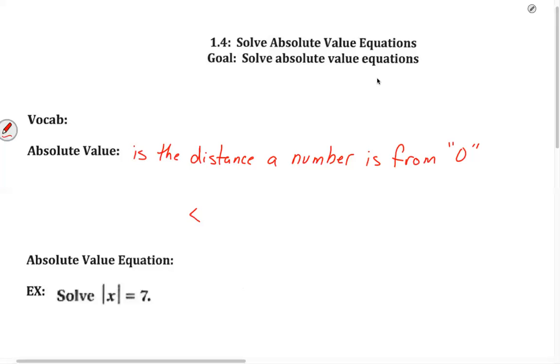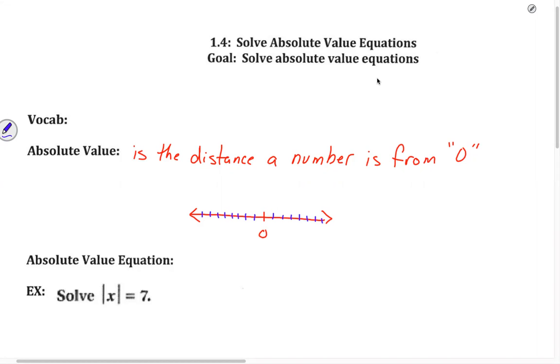Well, we have a number line, 0's in the middle. Now, here's the thing. If I say the absolute value of a number is 5, what does that mean? It means we are 5 units from 0.